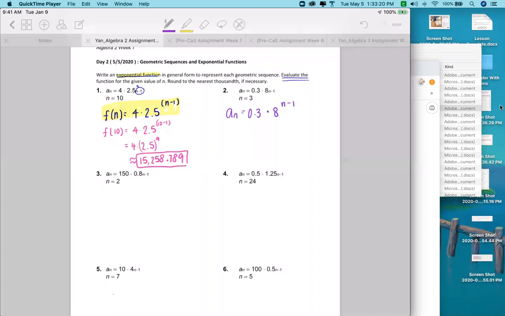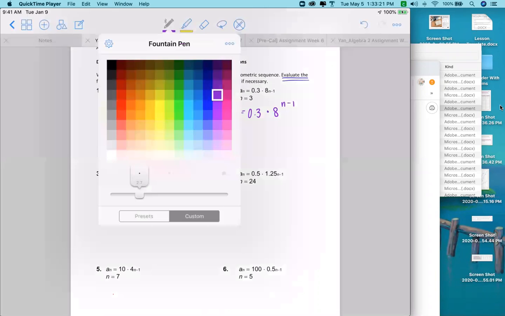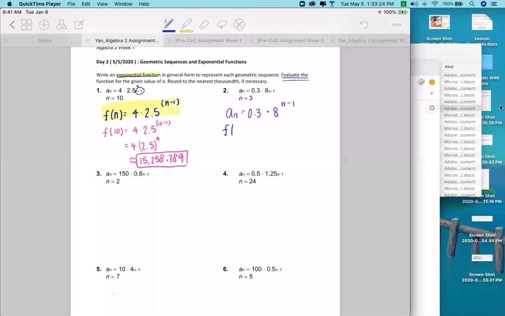Okay, so let me do number 2. We start off writing f of n, and everything else will stay the same. But what you're going to do next in terms of evaluating, we have to substitute what they asked you, which is 3 in this case. Put 3 in n, so it'll be 3 minus 1, and it's 8 to that power.